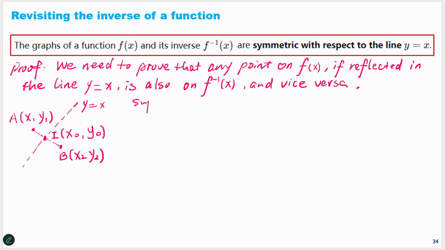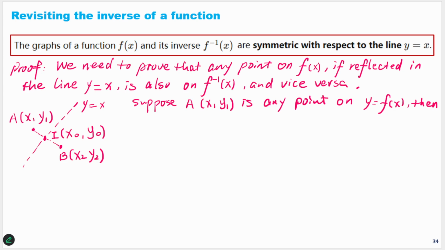So suppose A (x1, y1) is any point. Note, it's any point, not just a specific point. It's any point on the graph of y equals f(x). Then, because this point is on that graph, it will satisfy this equation. So then we have f(x1) equals y1, right?